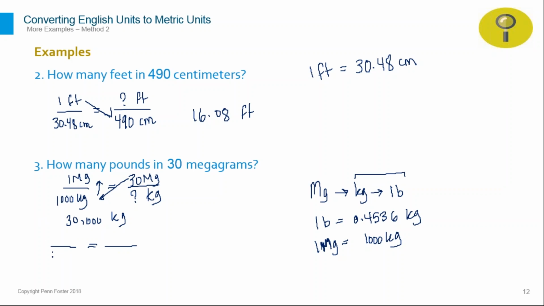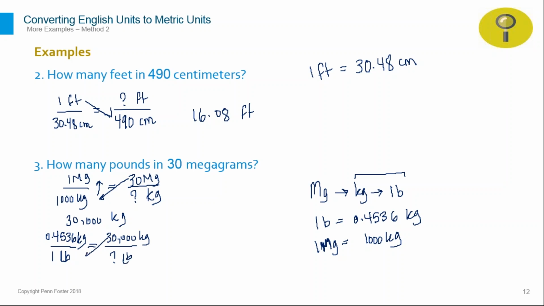So 1 pound equals 0.4536 according to the table, kilograms. You can put 1 pound on the top and the kilograms on the bottom. It's up to you, but you have to keep the same order on the second fraction. Now, what would be the 30,000 kilograms in pounds?